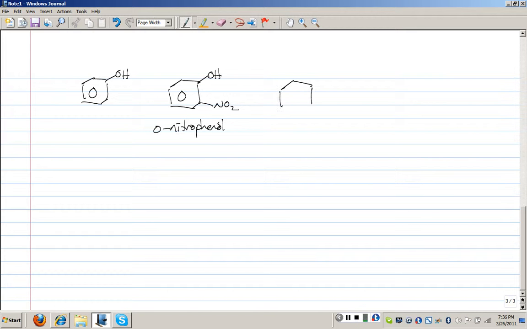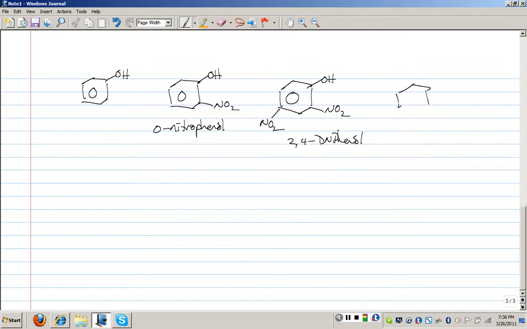If I look at the phenol where there is a nitro group in the ortho and in a para position, you might expect this to be an even stronger acid than this one. So if I call this 2,4-dinitrophenol, that's even more acidic.